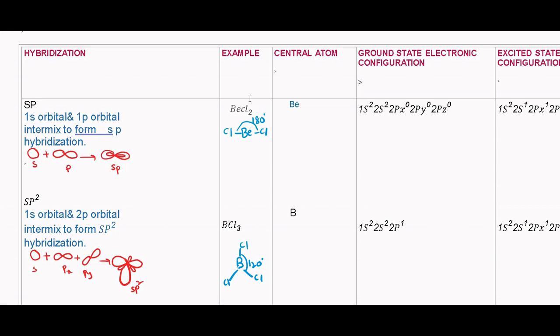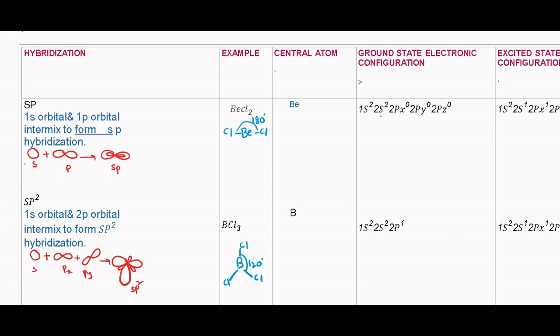An example for sp hybridization is beryllium chloride, and in it the central atom is beryllium. Ground state electron configuration is 1s2, 2s2, 2px0, 2py0, 2pz0.